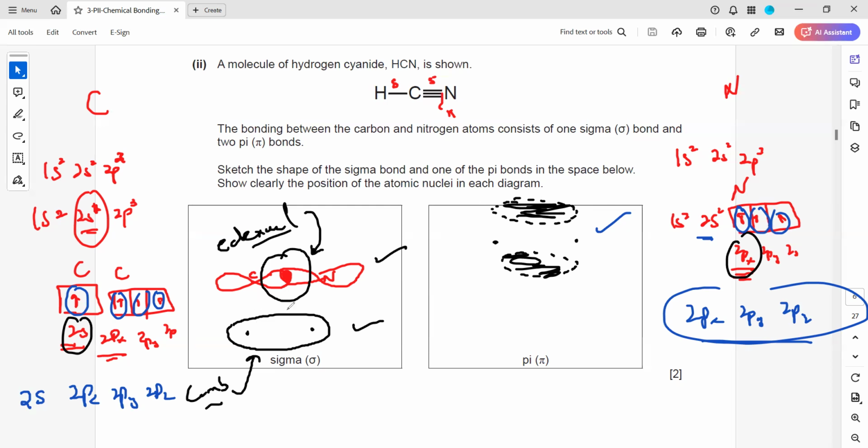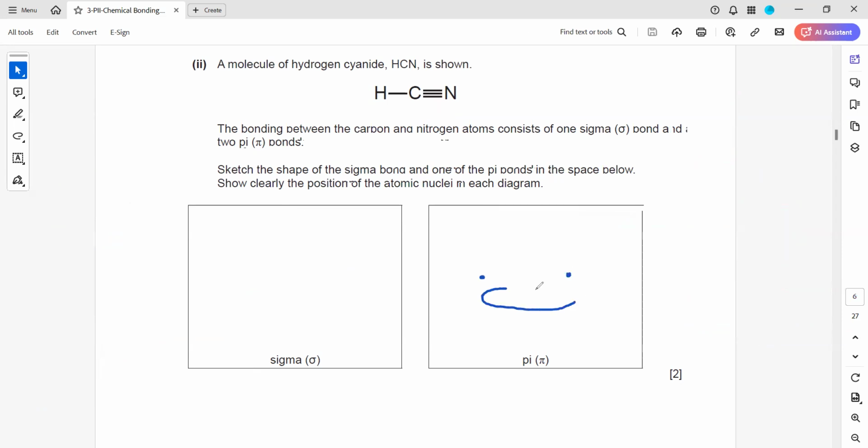But for a sigma bond representation, you can represent it in this manner. For the pi, you can shade any one part and leave the other part unshaded, because the electrons might be here or might be on the top. So we shade one of the regions.